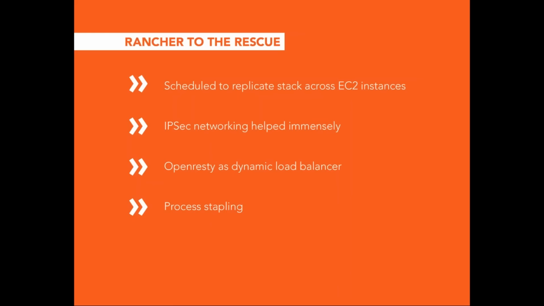When it came to ensuring performance on these servers, we took advantage of Docker's ability to do process stapling. On the server level, since this stack doesn't run in the server, we made sure that the network IRQ is running on two specific cores on the CPU of the instance, so that there wouldn't be any contention if we get a burst of connections in and have to negotiate that.